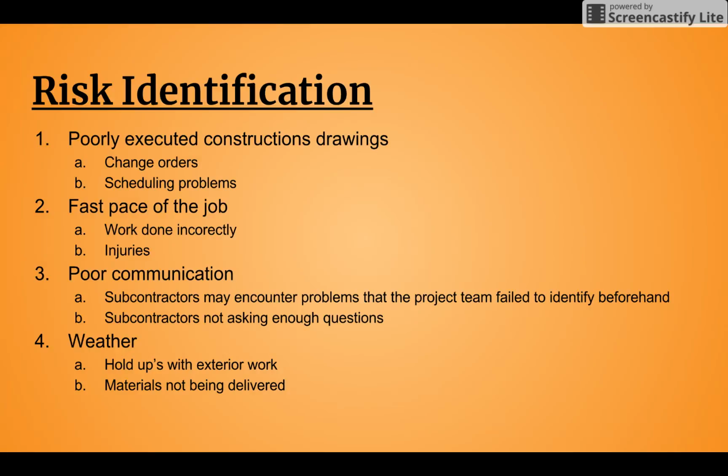But also subcontractors not asking enough questions, going ahead and doing things before they're told exactly how to do it, or the way that they think it's supposed to be done isn't the way it's supposed to be done. Those are two big issues that we hope to mitigate using weekly meetings, which I'll go into in the next slide.